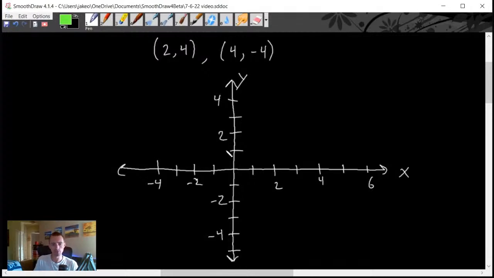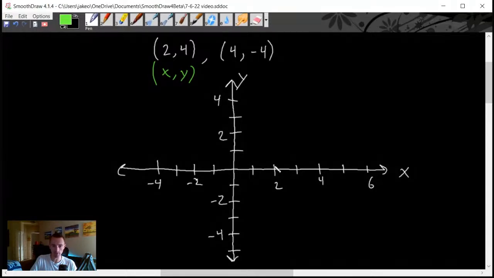To do that, you just want to keep in mind that any point is just an x-y pair. It's always going to say x first, then y second. So in this case, our x value is 2 and our y value is 4. We start at the origin, (0, 0), and first see where your x coordinate is on your x-axis. Our x coordinate is +2, so we go over to x equals 2.